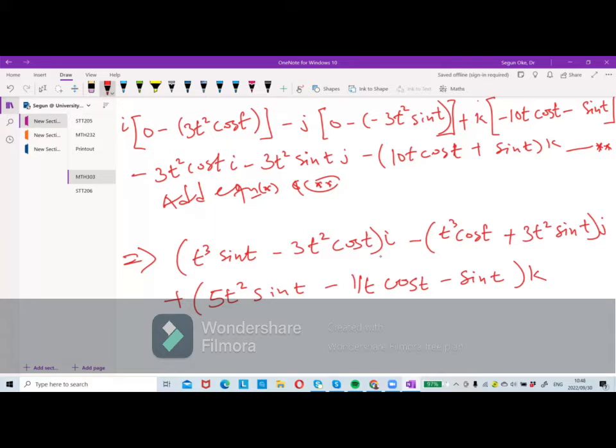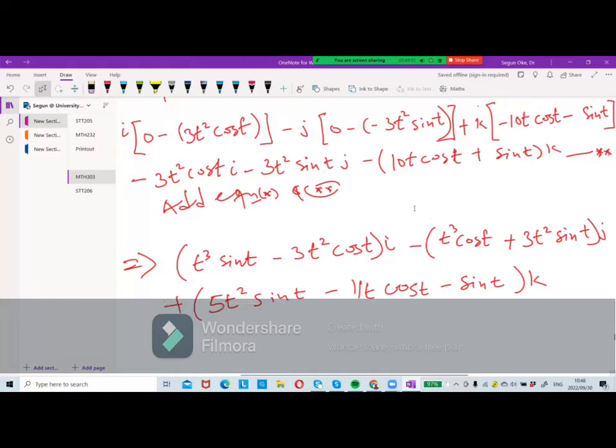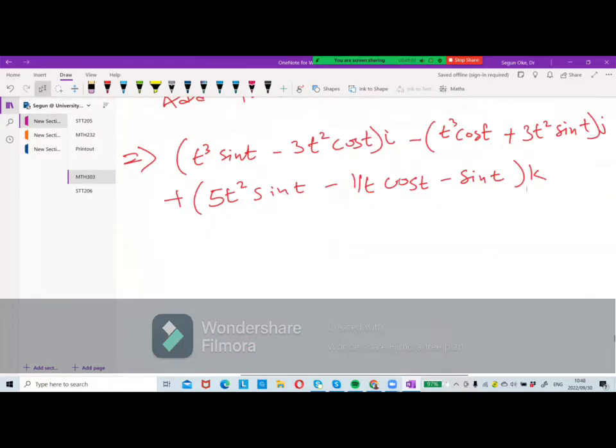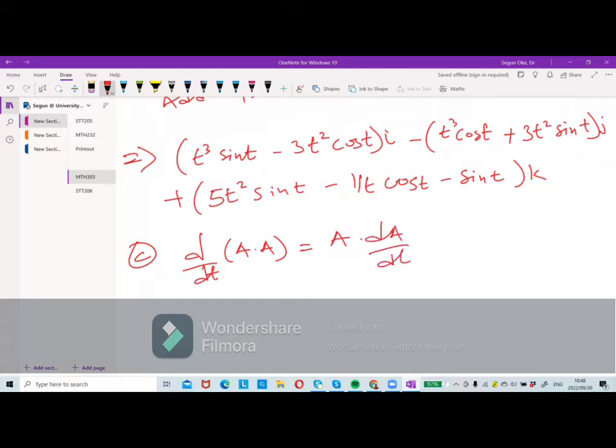Any question on that? So should I continue, please? Yes, sir. Okay, now let's look at the C aspect of it. It said d/dt of A dot A, which is the same thing as A dot dA/dt plus dA/dt dot A. Is that where you are going to end the B?